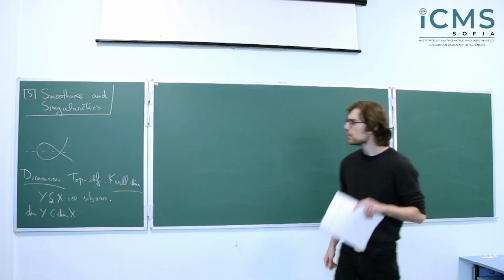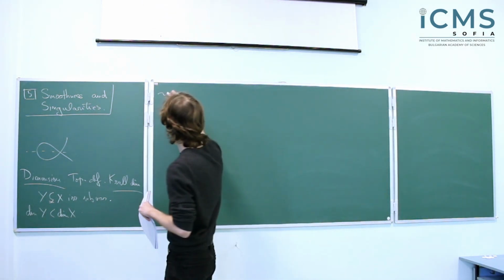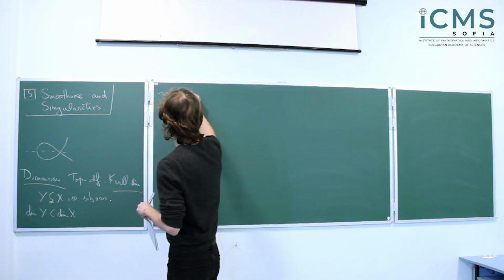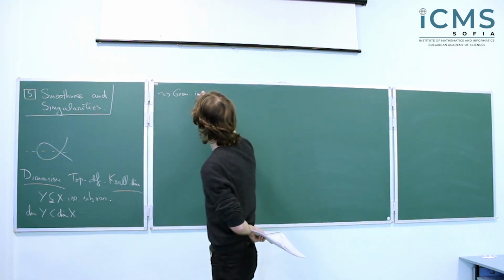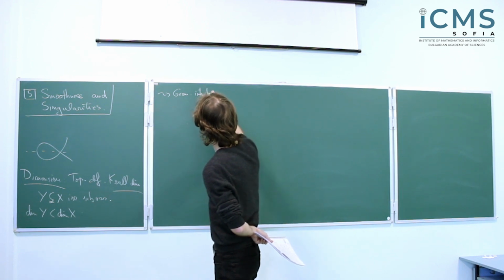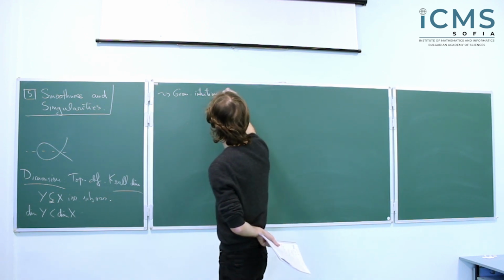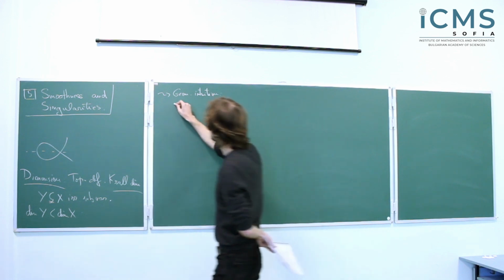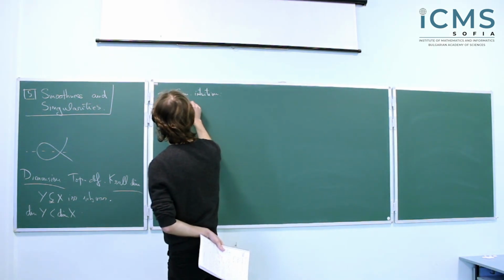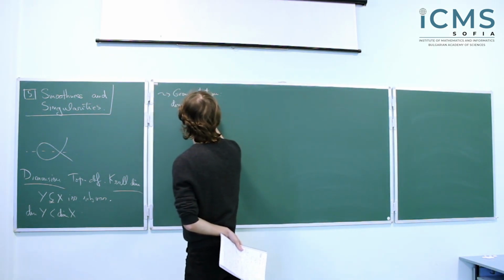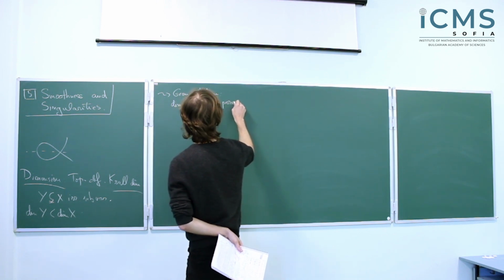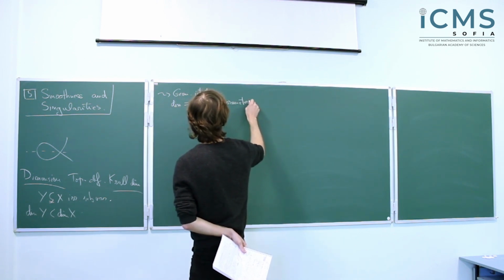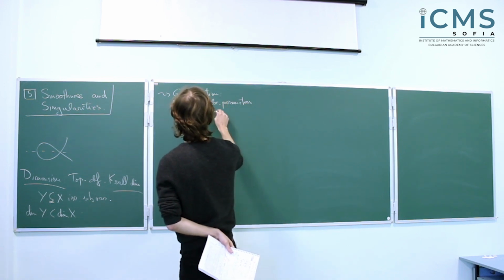But we want to go back to a more geometric intuition, and we want the dimension to be something like the number of local parameters around the point.